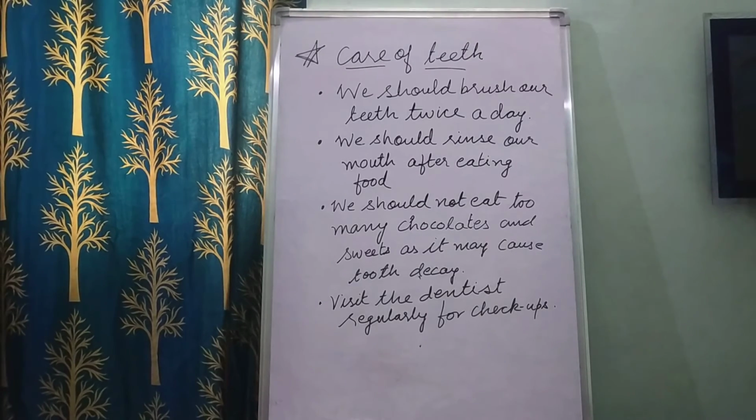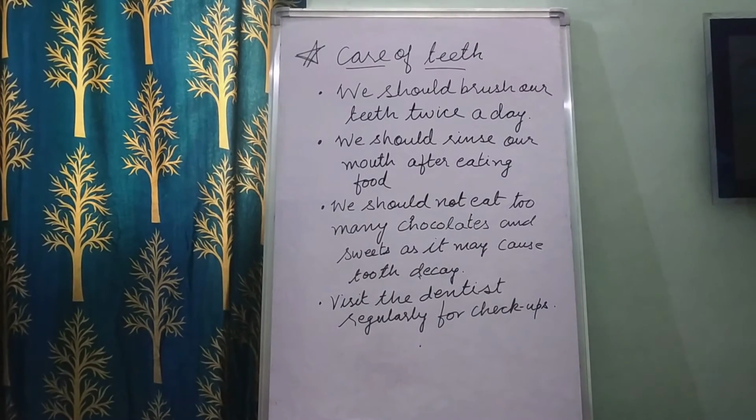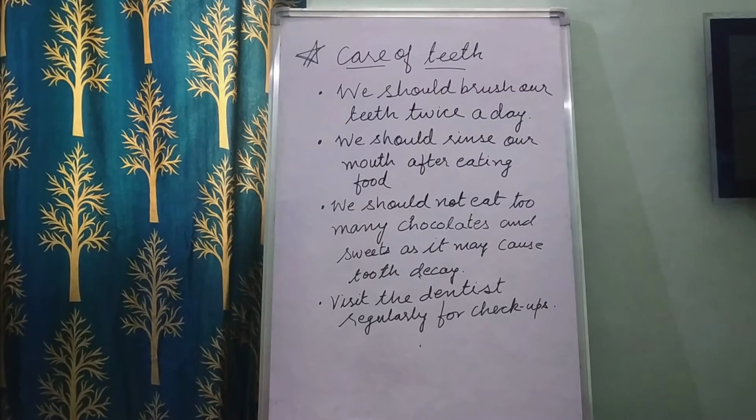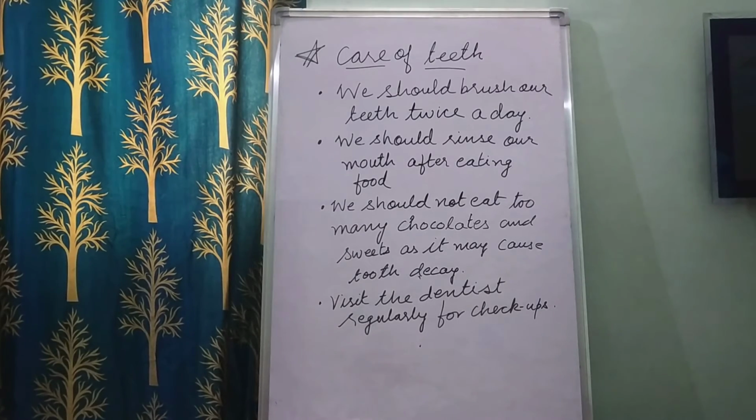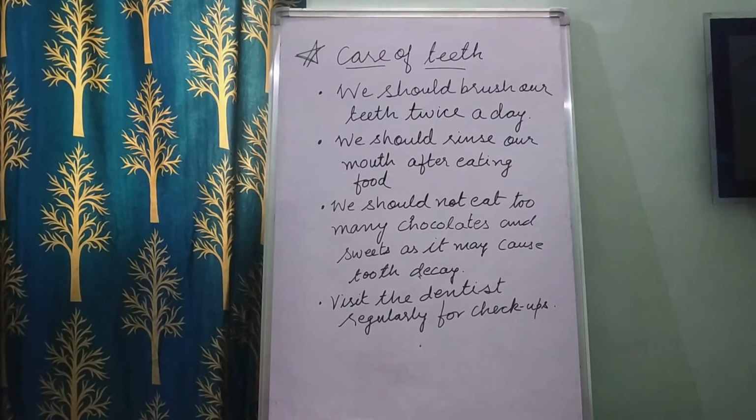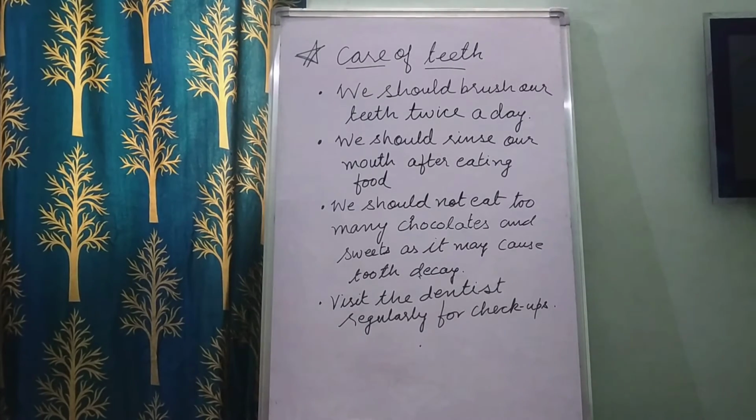We need to clean them out, otherwise the germs can grow there. If you don't clean properly, the germs will grow and form a sticky yellow layer called plaque. A proper brushing with a toothbrush, toothpaste and water can prevent plaque formation.